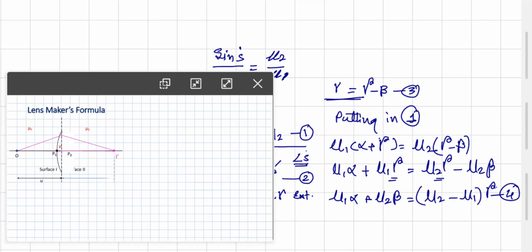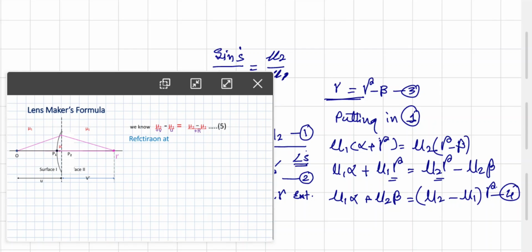Here the image distance is V dash. Remember, this image I dash is at distance V dash due to a single surface. We already saw the equation for a single surface, that is mu2 upon V minus mu1 upon u is equal to mu2 minus mu1 upon r.